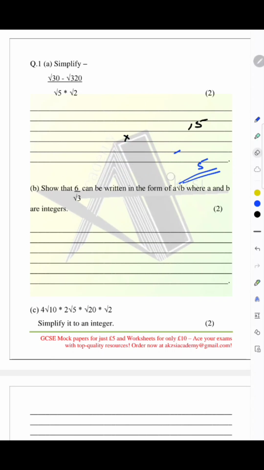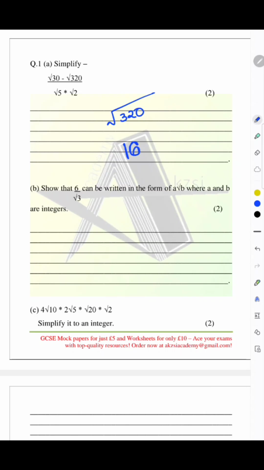Let me move on to the next one. It's root 320, and you have to find a number. If you are splitting it into numbers, it has to be a square number. Figure out which square number you can divide 320 with. I can clearly see it's 16. 16 is a perfect square number, because when I take the root of 16, I get 4, not a decimal.